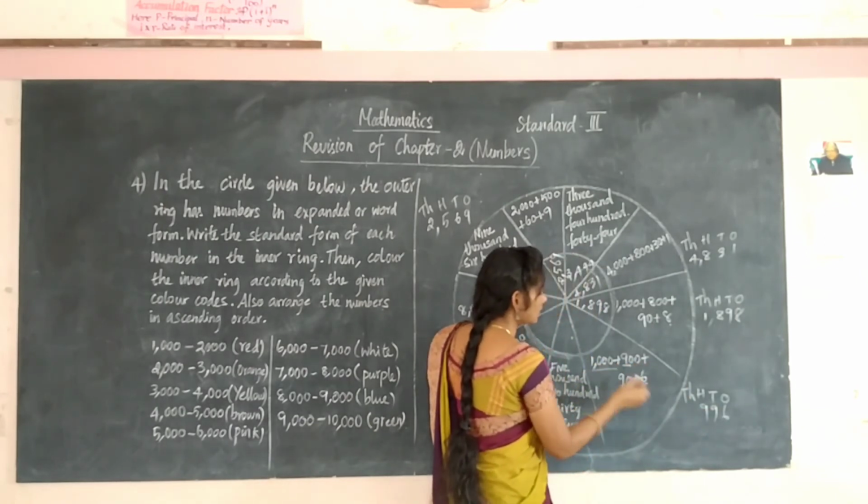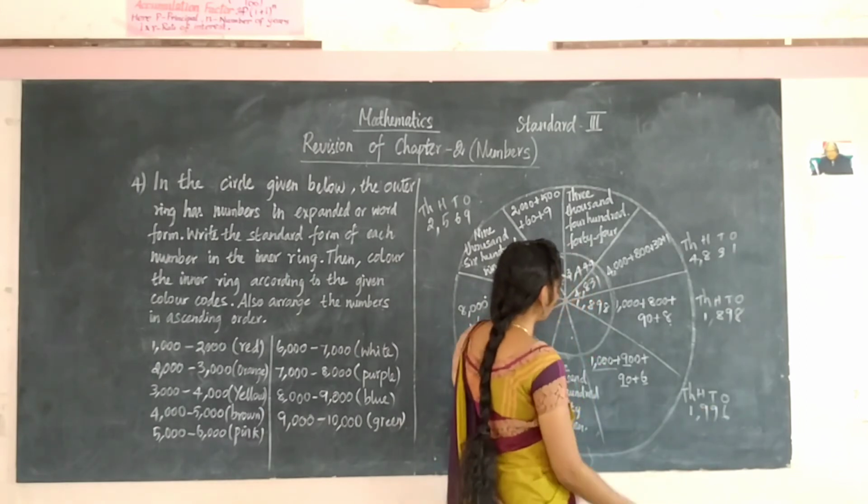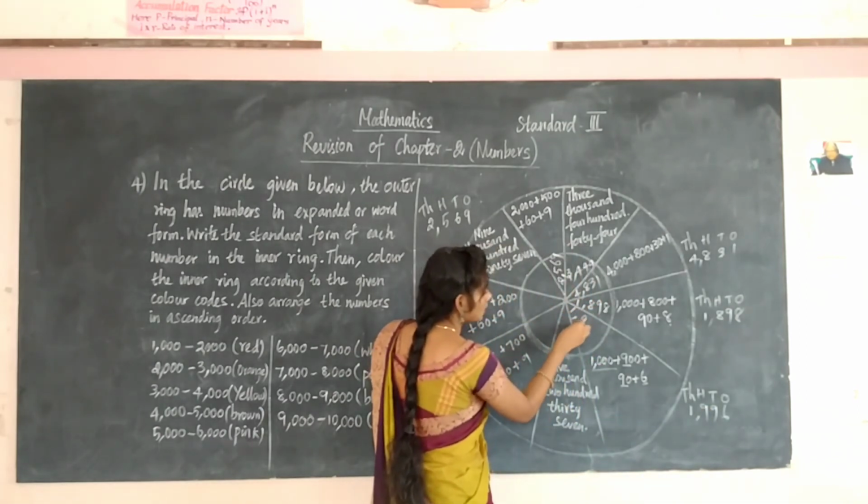In the thousands place, the number 1 is there. So give commas between hundreds and thousands. Write the answer in the circle.